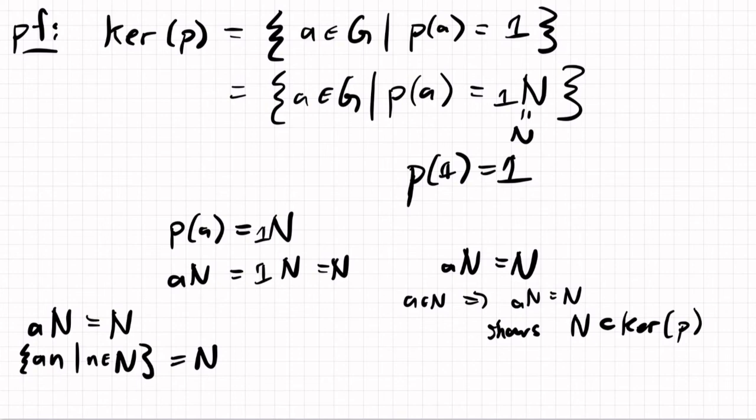So in particular, a times n equals n prime. Maybe I should write it out like this, using the name n prime in N. So what did I do with this step?